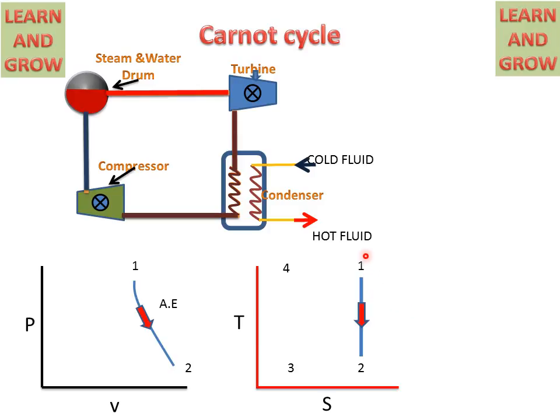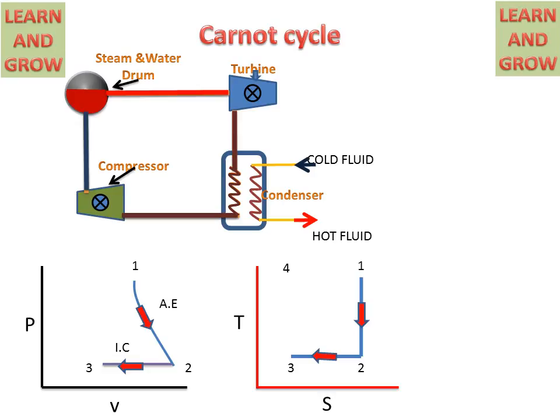Entropy will be the same from the first to the second point because no heat is given by the system or taken by the system. This is an adiabatic expansion process, so entropy will remain the same. Then in the 2 to 3 process, isothermal compression will take place.